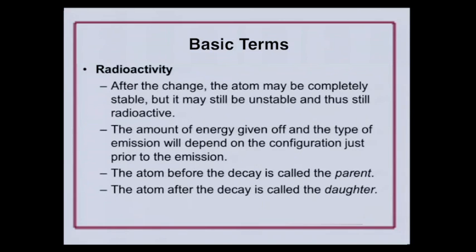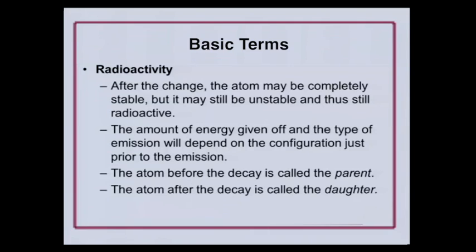Moving on, after the change, that transmutation that occurred, it may have reached that stable state, it may not be. And so, if it's unstable, it'll continue to attempt to reach stability by the emission of some other radioactive particles or energy, which we call pure energy, which we would call photon emission.